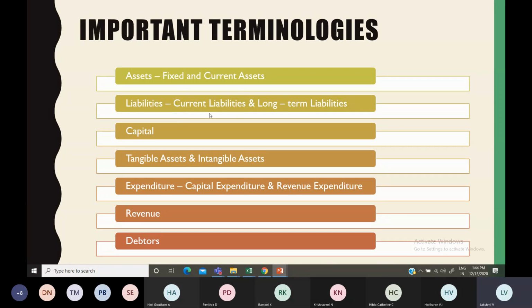That facility is provided to the proprietor since he has to run his business smoothly. Bank overdraft also has to be paid immediately, so it comes under current liabilities.